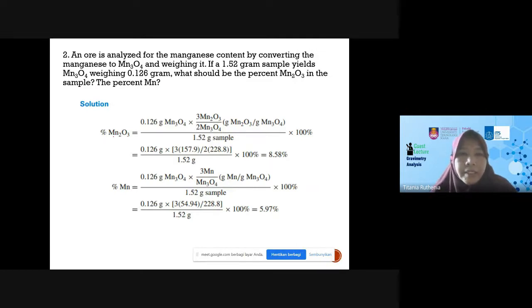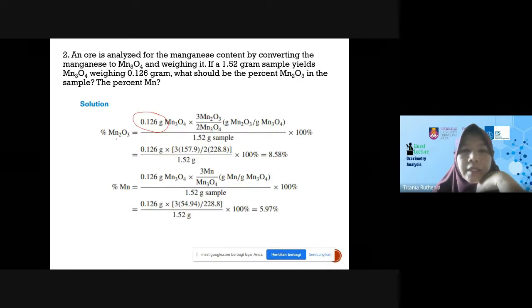So for the percentage of Mn2O3, we take the mass of the weighed precipitate times the gravimetric factor. Because this is 3 and this is 2, we have to multiply this one with 3 and this one with 2, so that Mn will be 6 and this one also 6.